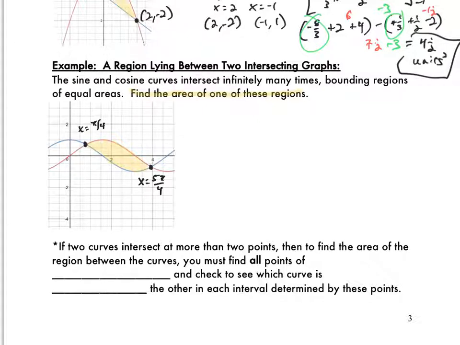So let's go ahead and set up the area integral here, pi over 4 to 5 pi over 4. And you will notice very quickly that the sine function is the upper function, and then the cosine function is the lower one.